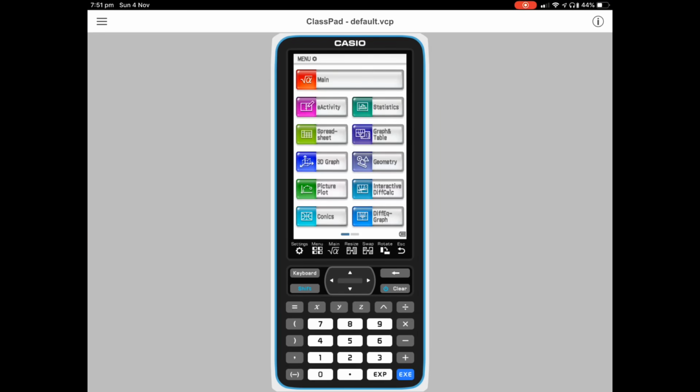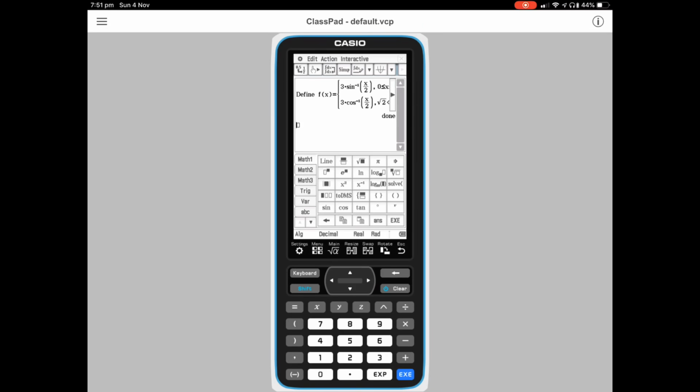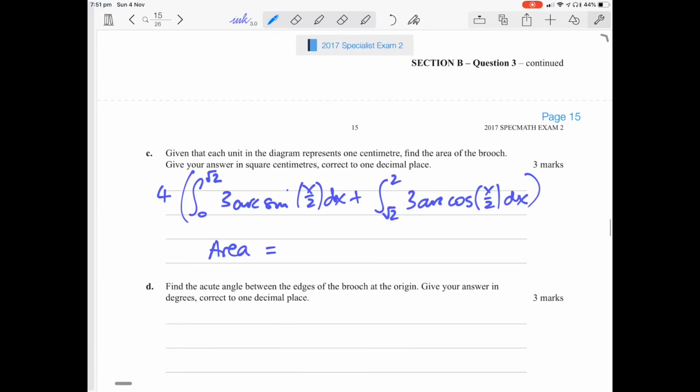okay, so we've defined f of x now, so we can just use that. Integral 0 to 2, I wonder if this will work, f of x dx times 4, just do that first, times 4, 9.94.